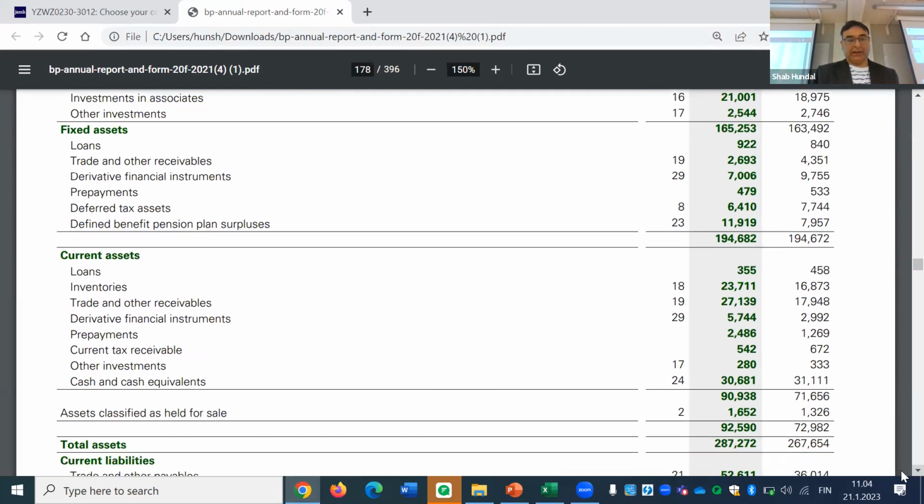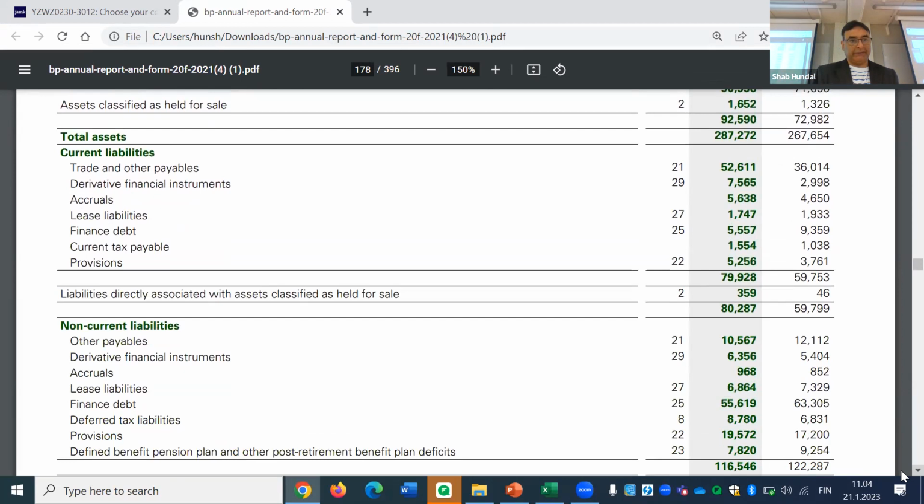So let's check in the liabilities. We have the current liabilities, and trade payables are in the current. We don't look at the other payables, that is something else, miscellaneous.